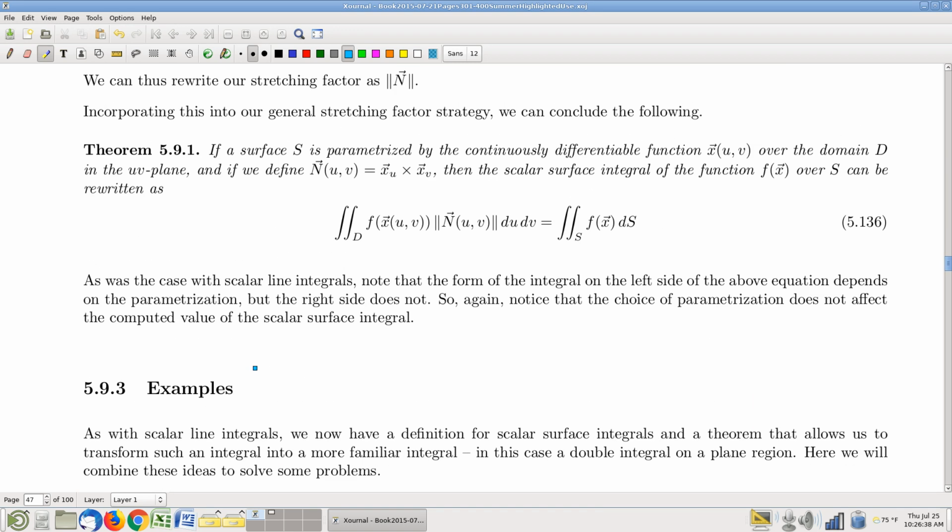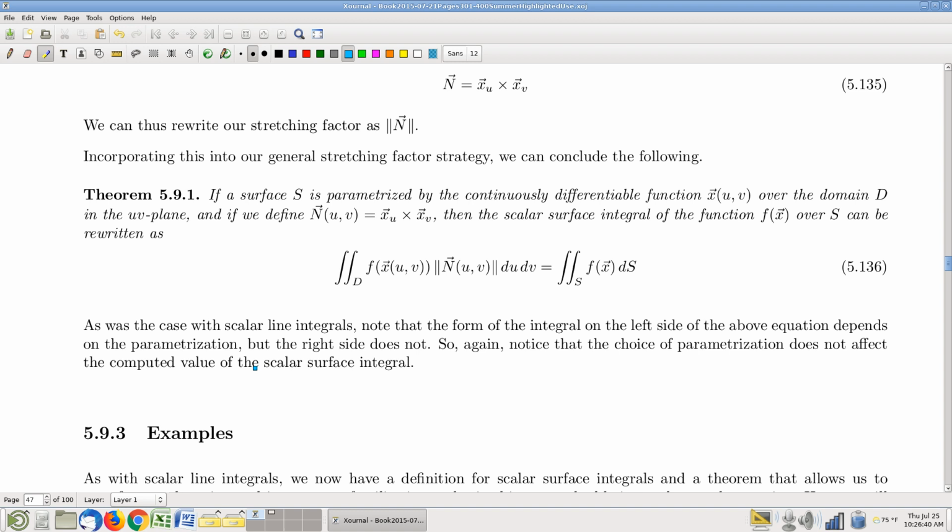Now go back up to our formula. How am I gonna do the pullback? Well, I've got to compute my stretching factor. My stretching factor is kind of a pain. I've got to take my parameterization that I just found. I've got to take partial derivatives with respect to the two input variables.